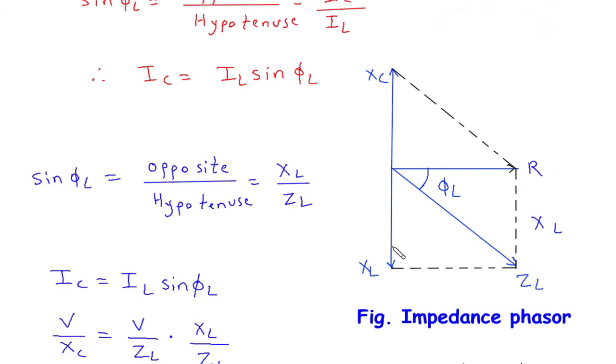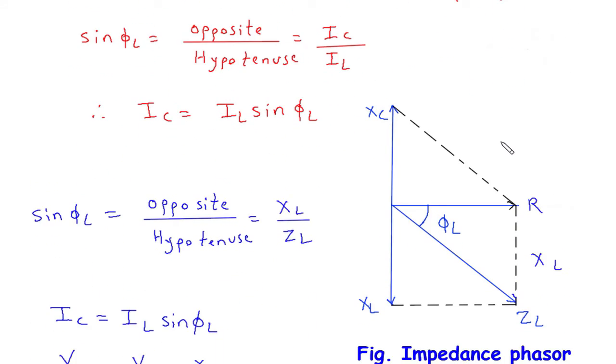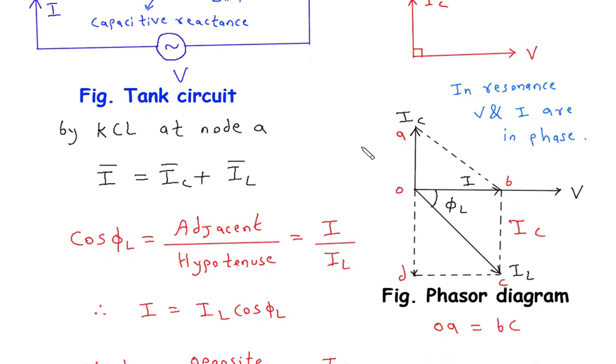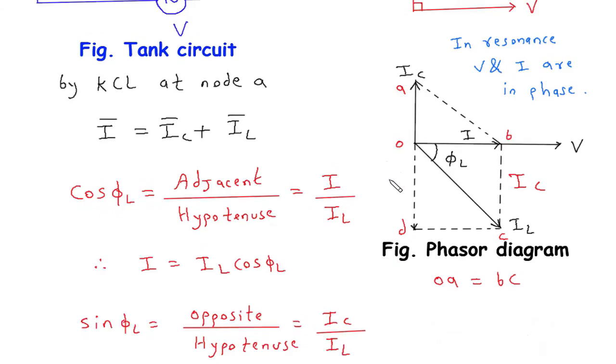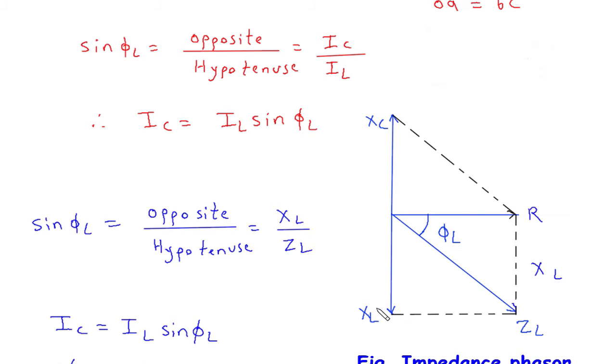Now we can draw the impedance phasor from this phasor diagram. The impedance phasor will be, for the capacitor, XC. For the inductor, there will be inductive reactance. XC is the capacitive reactance, and this is a resistor, and the resultant is ZL for branch 1.